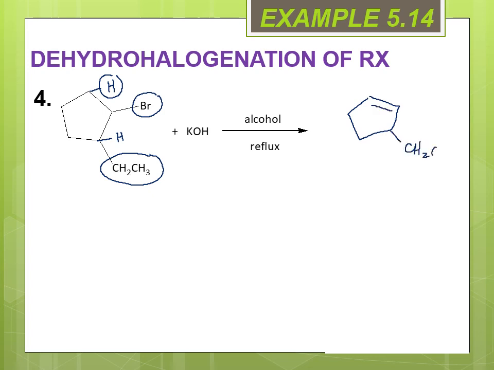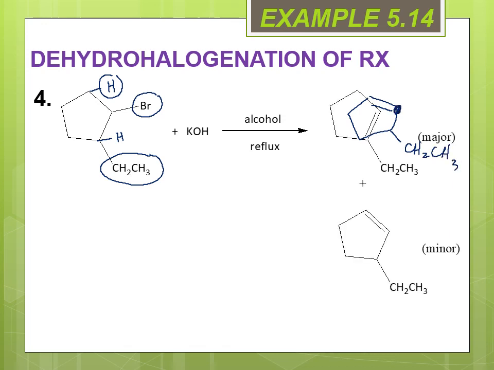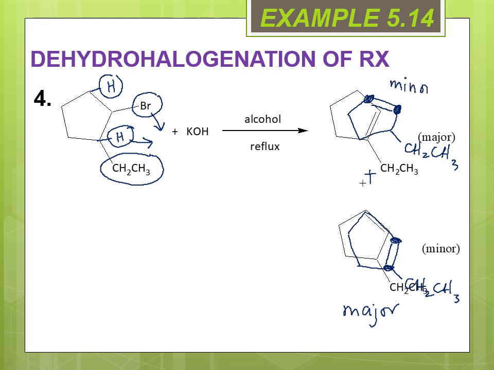The ethyl group is not directly attached to the carbon which has the double bond. And we are also going to form a double bond down here, because bromine will be removed together with the hydrogen from the lower adjacent carbon. So this is the ethyl group attached to the carbon that has the double bond over here. Therefore, this is the major product and the one up here would be the minor product.